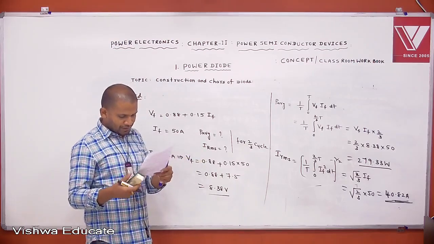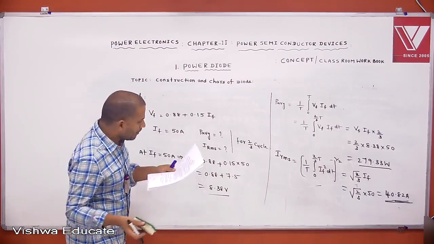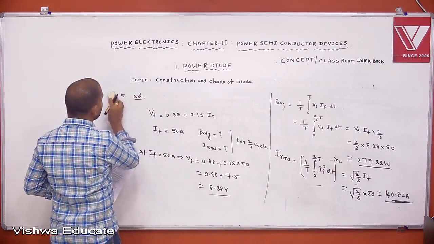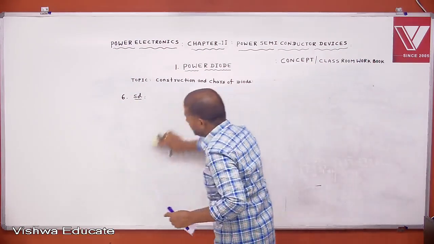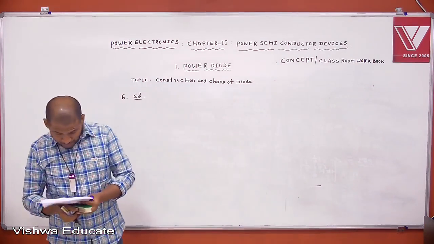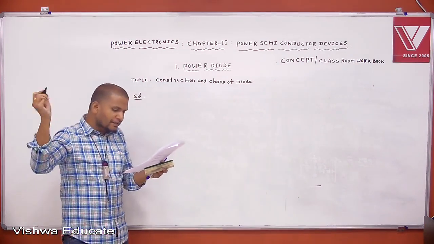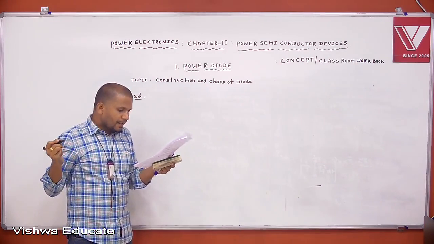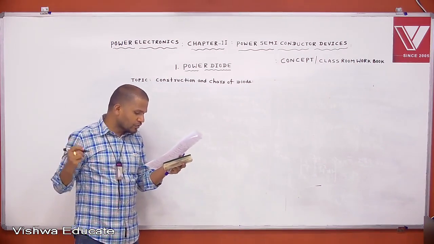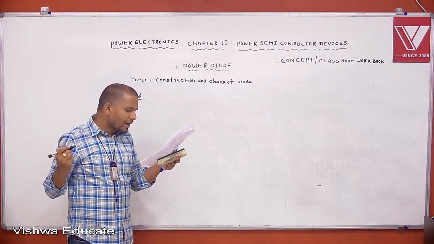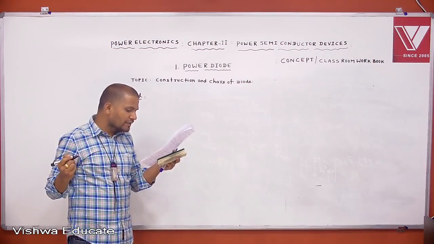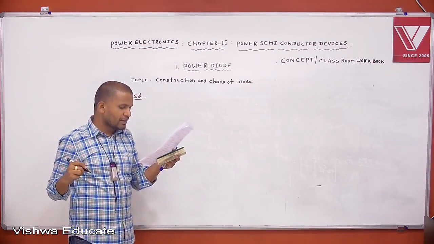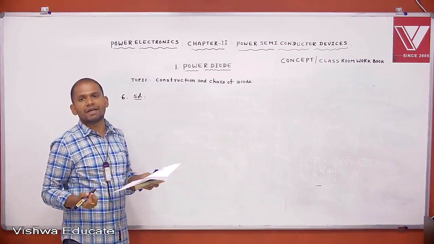Okay. That is question number 5 in the same concept. See question number 6, the same power diode concept. In the reverse recovery characteristics of a diode, the reverse recovery time is 3 microseconds and di by dt is 30 amperes per microsecond. Then the reverse recovery current is dash.